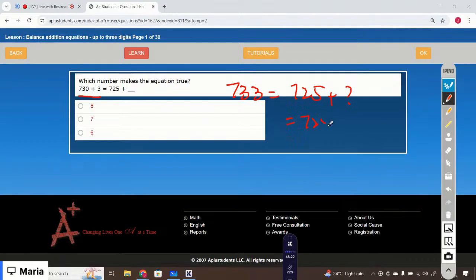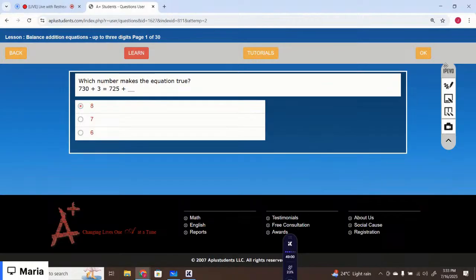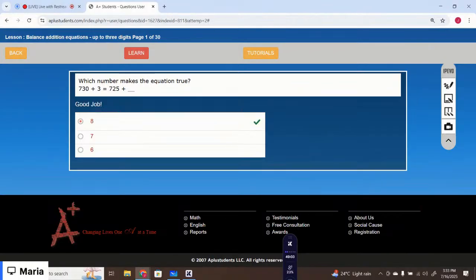Start with the first one, 725 plus 8. So 725 plus 8, 8, 9, 10, 11, 12, 13, right? 3 and carry 1. 2 plus 1 is 3 and 7. That is 733. Option number 1 is the correct option. That would be 8. That completes the equation balance.